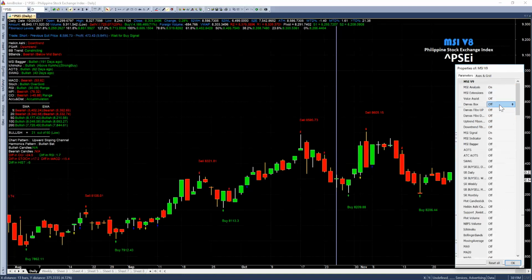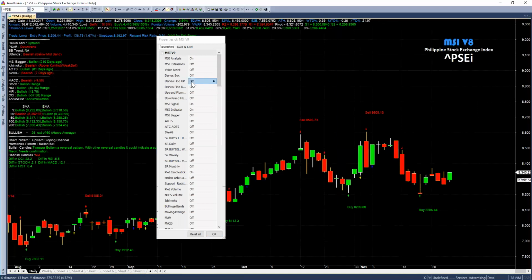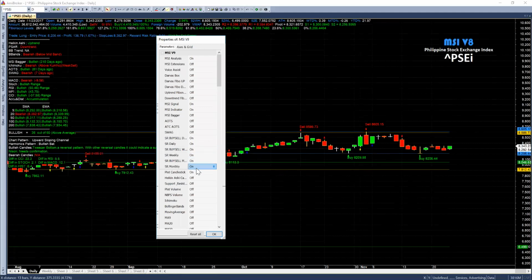And then we have the, this is one of my favorite indicator. Ito yung support and resistance na auto-plot niya. Okay.